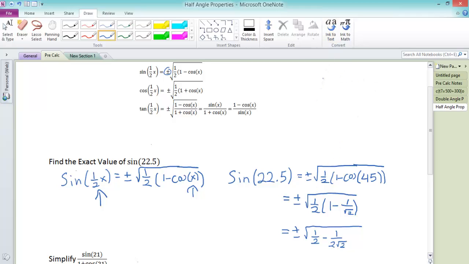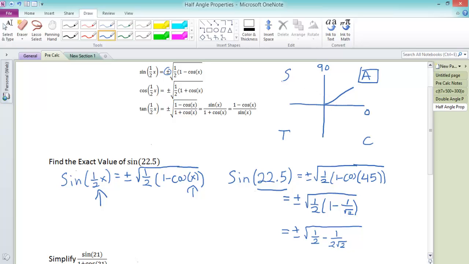But now I need to remember what to do with that plus or minus. So I'm going to remember that all students take calculus. And I'm interested in the sine of 22.5. So 22.5 is going to be in the first quadrant because it's in between 0 and 90. And in the first quadrant, all of the trig functions are positive.